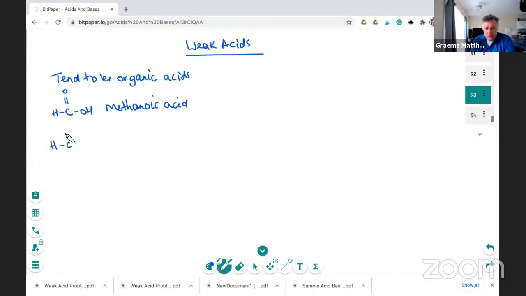If you're wondering why they always use ethanoic acid, it's because it's an easy acid to use. For practicals, it's easy, it's just vinegar. So this is the reason why they tend to use ethanoic acid a lot. This one right here is your ethanoic acid.